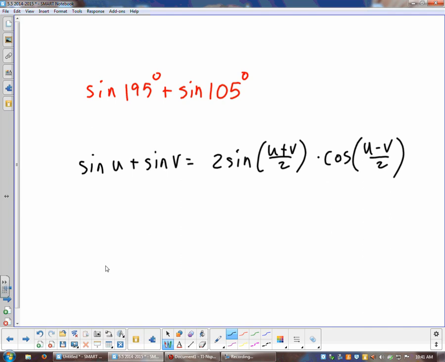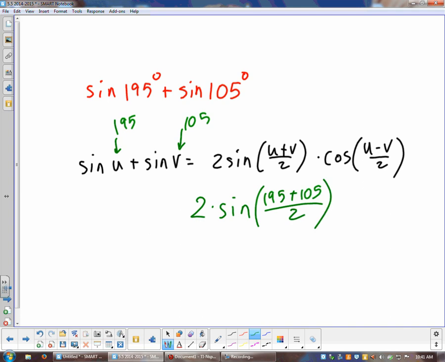What's 195 plus 105? 300. So I get 2 sine of 300 over 2 times cosine of, what's 195 minus 105? 90 over 2. So I have 2 times sine of 150 times the cosine of 45.